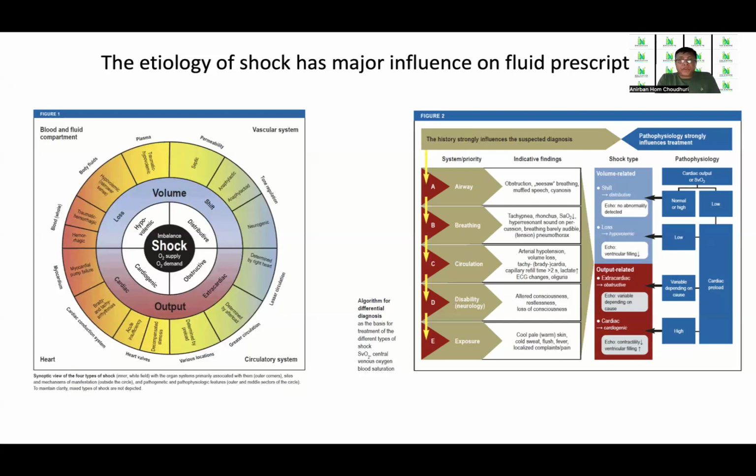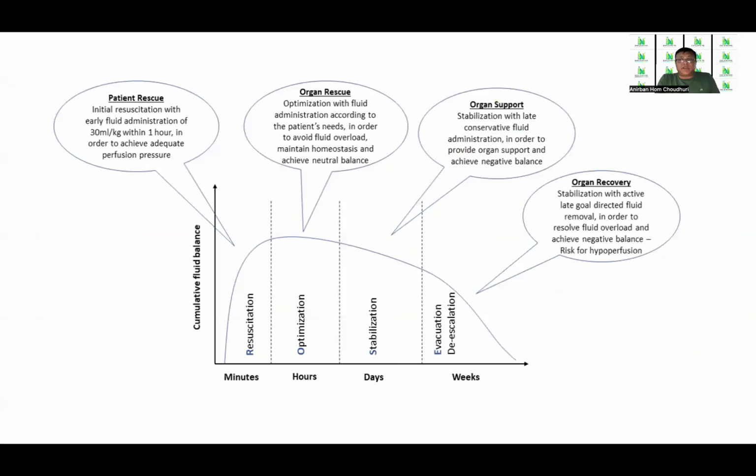Now, it is very important to understand that whenever we resuscitate with fluid, the ROSE concept dictates that initially there is a phase of resuscitation in which we have to rescue the patient with administration of sufficient fluids, not necessarily 30 ml per kg within 1 hour. It will be variable, with continuous assessment, but that's the area where fluid is a must for resuscitation.